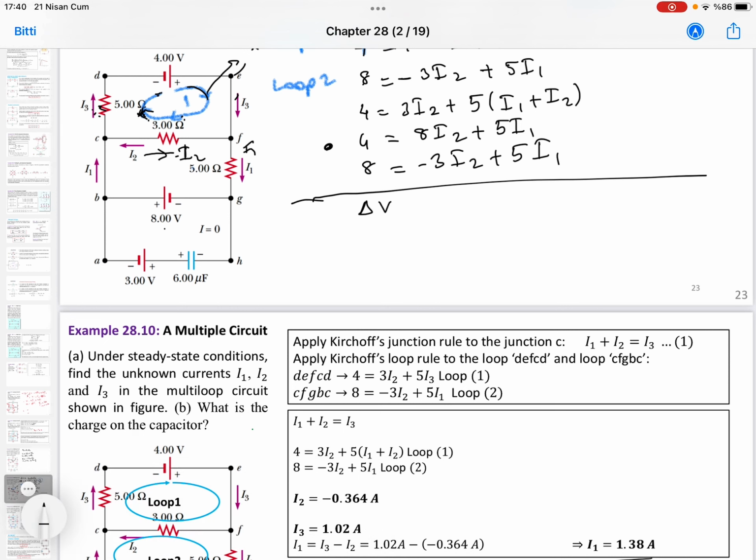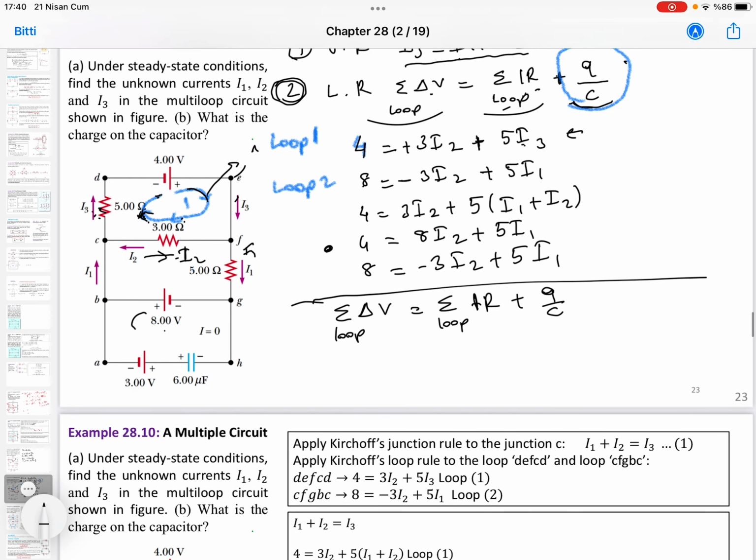So you will use total delta V in the loop, which equals the sum of IR plus Q over C. So your delta V, I start from here and then I will complete my loop. First I will start with the 8 volt, and then I will come here. Is it minus or positive sign? I don't know. We will see.